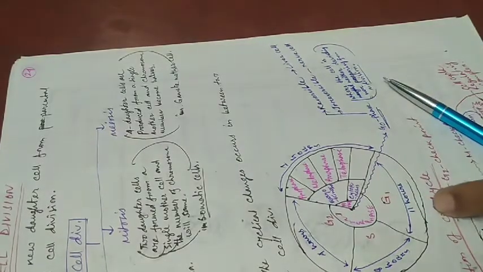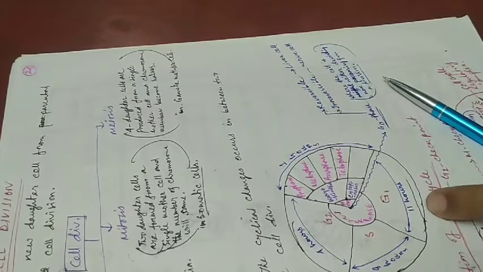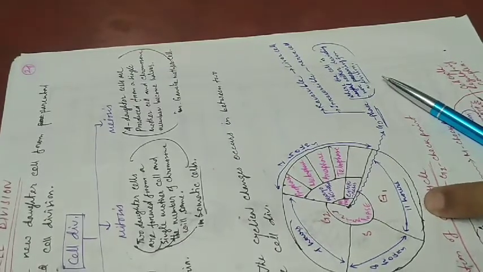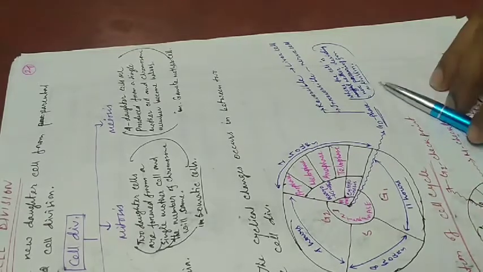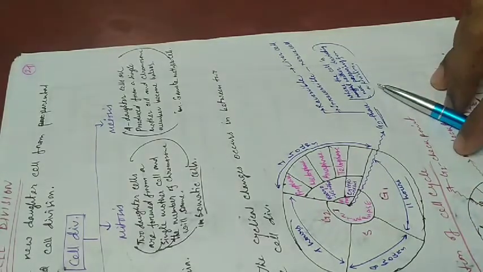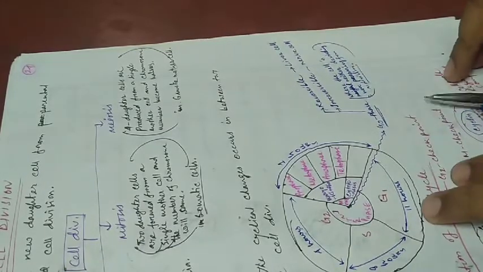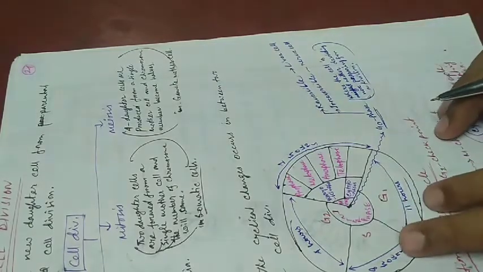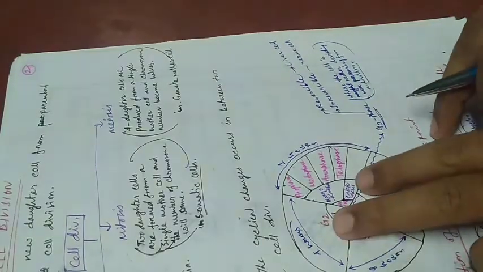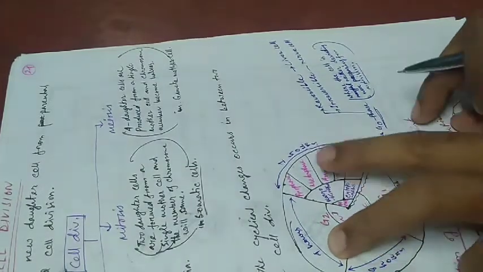For completing a cell cycle, a cell needs only 1 day, or 24 hours. If we separate the time period according to the cell cycle, we can see the G0 phase takes 11 hours, the S phase takes 8 hours, the G2 phase takes 4 hours, and the mitotic phase takes only 1 hour.